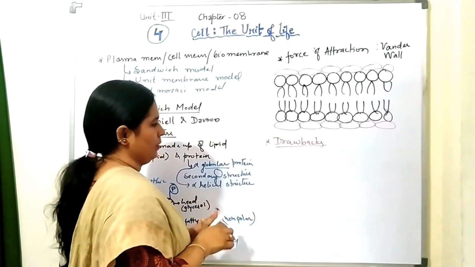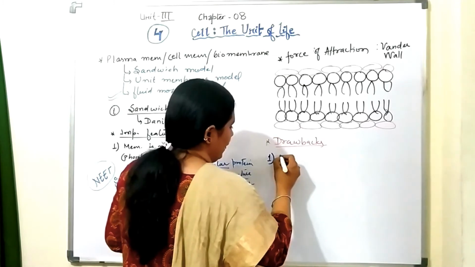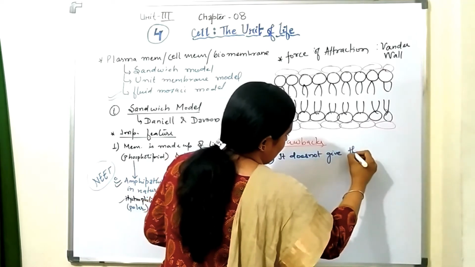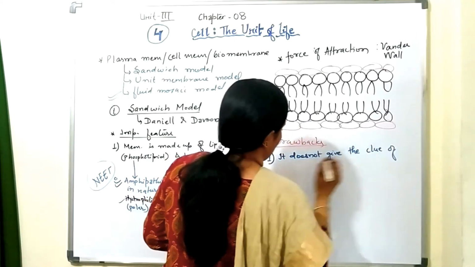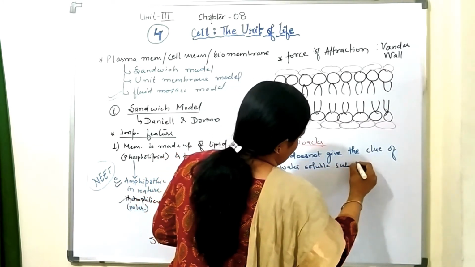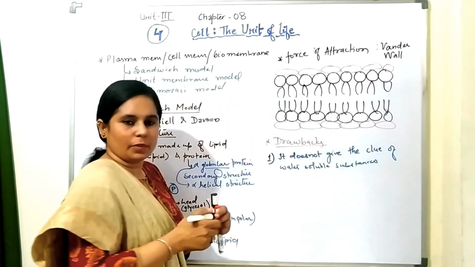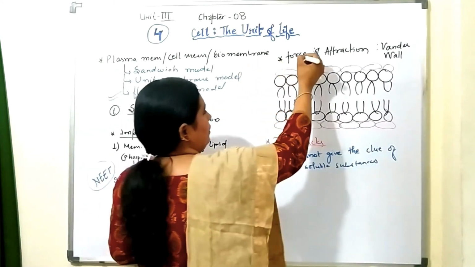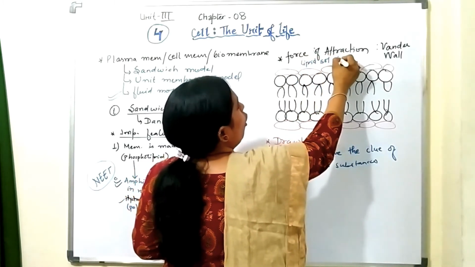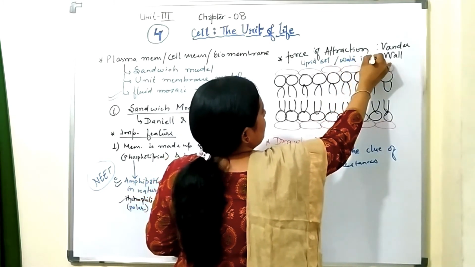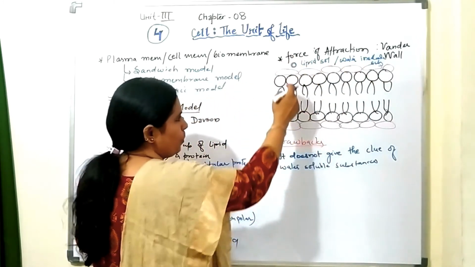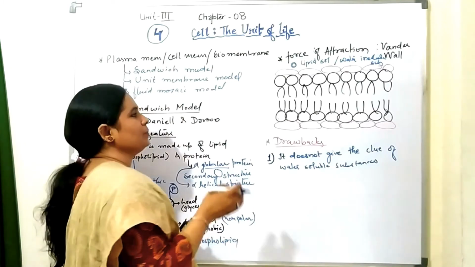Number one, it does not give a clue about water soluble substances. Now I will tell you, if there is a lipid soluble or water insoluble substance, what will happen if it has to pass through the membrane and reach inside the cytoplasm?